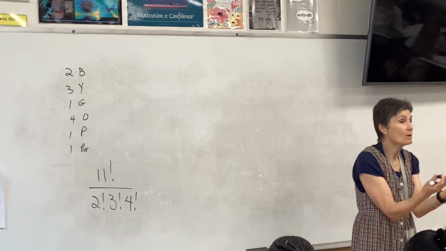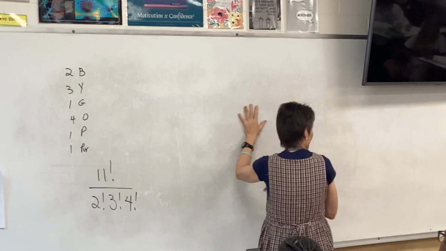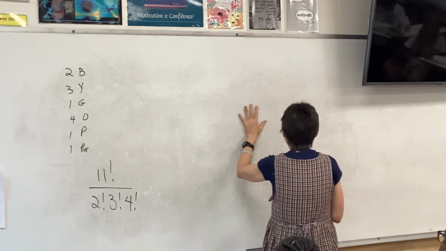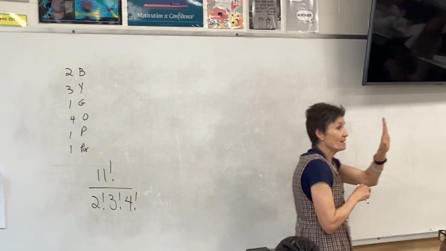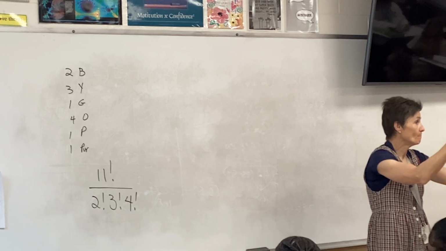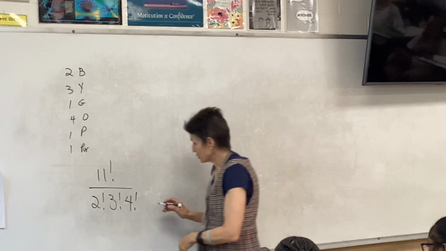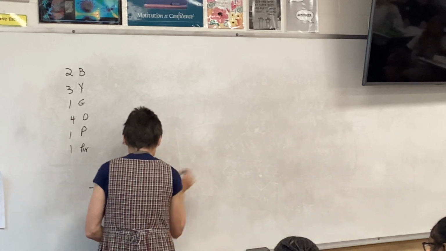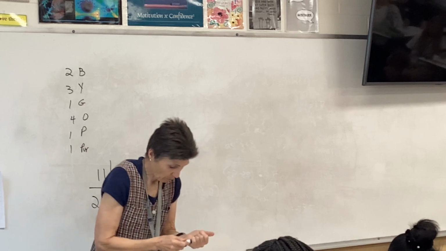Because if I were to draw an arrangement on the blackboard, I would also draw another arrangement, but in reality they're not different. They're just looking at the same thing from both sides, right? So I'm going to have to divide by 2. All right, let's type that in our calculators and see what we come up with.